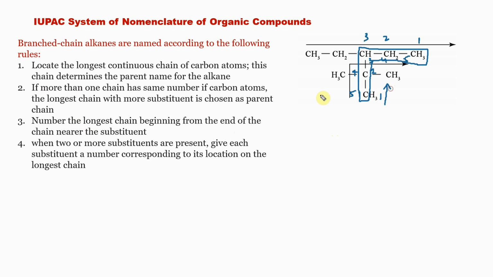So we go on this side. Going the other way is not good, because if I go from here, I get substituent number 2. So this compound will be 2,2, because there are two methyls on carbon 2, so 2,2 dimethyl pentane. Okay.